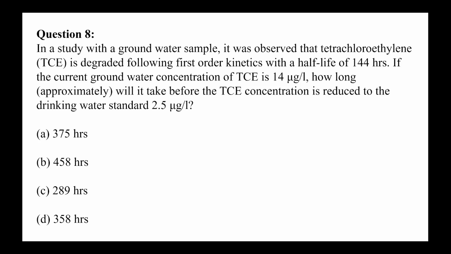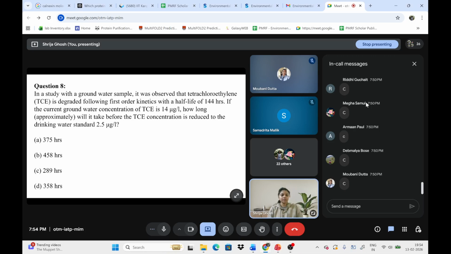So you have the half life, and it is mentioned that it is a first order kinetic. So first thing you do is calculate the rate constant. Once you have the rate constant, you can calculate the time by using the initial and the final concentration given. Okay, that was the hint.